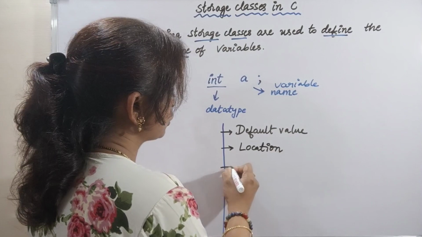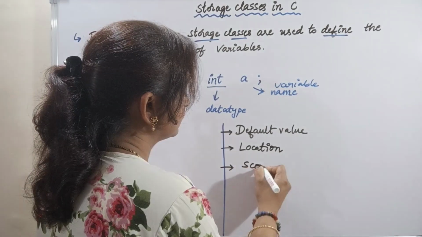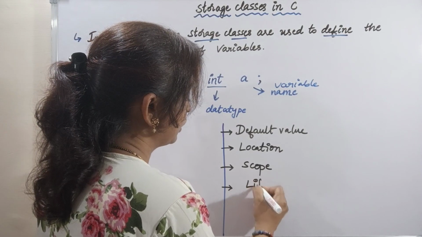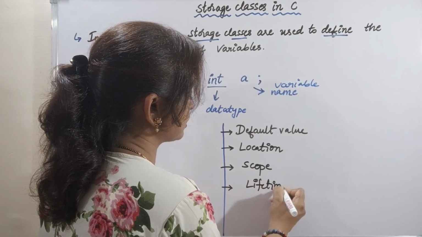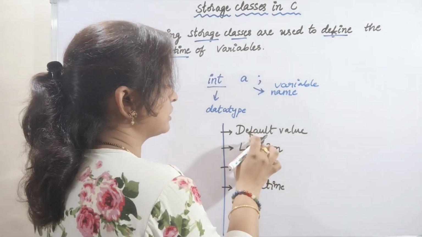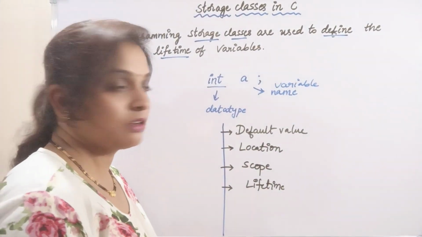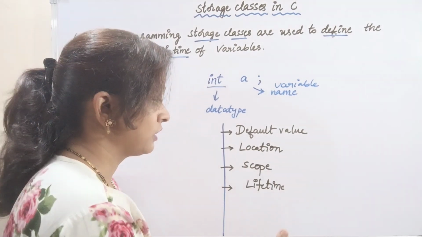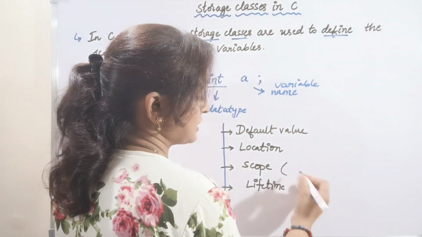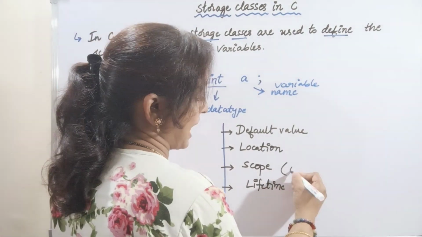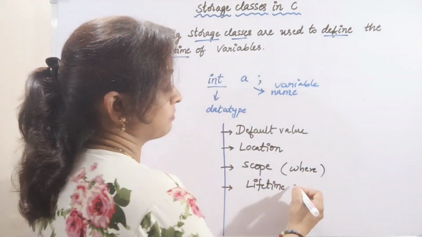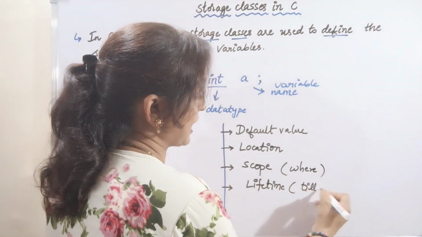Then scope of the data, then lifetime. So these are the things that we need to concentrate on: the default value that a variable can store, where it will be stored, the scope, in the sense of where we can access it, and lifetime, till when I can access it.